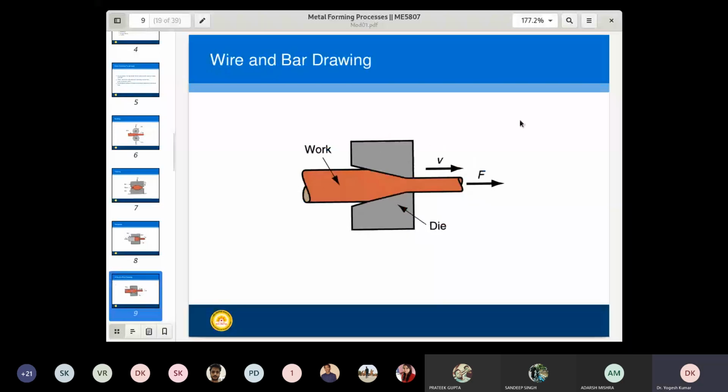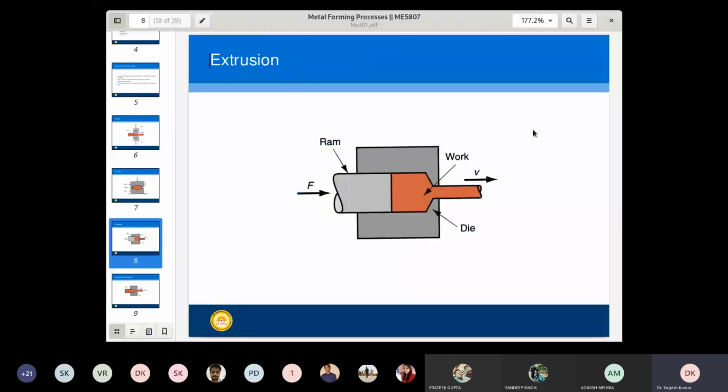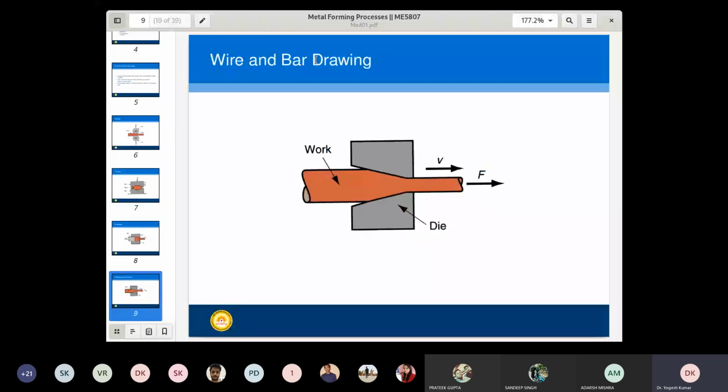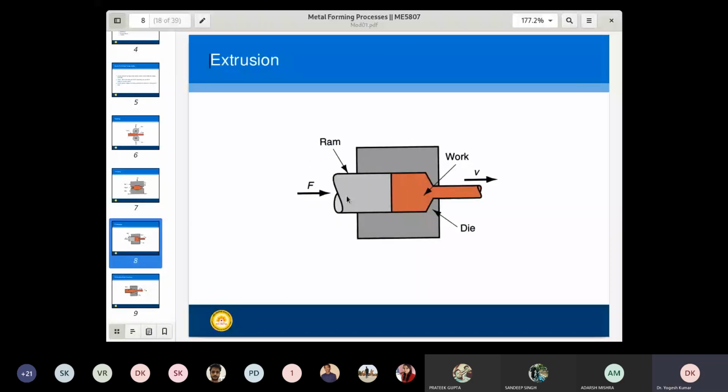Okay, so by seeing extrusion and wire drawing and bar drawing, you will see both figures look the same, but there is a major difference. In extrusion processes, we are pushing our workpiece through the die. Okay, we are pushing, we are not pulling. We are pushing this workpiece material inside a die, and the material is converted into the desired shape.